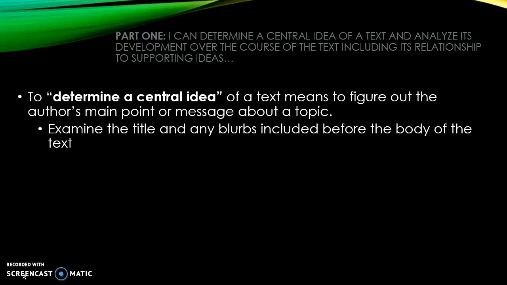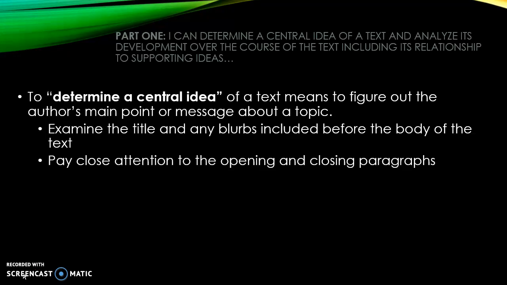You're going to make connections to what you have read in the title to what you're reading in the text. So we're going to look at the titles or any blurbs, including before the body of the text. So if there is a passage that we see before the text, we're going to read that and we're going to examine it to see if we have any key and central ideas.